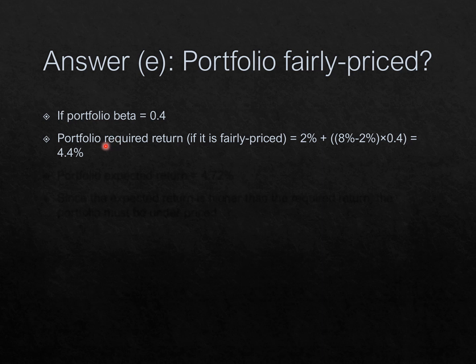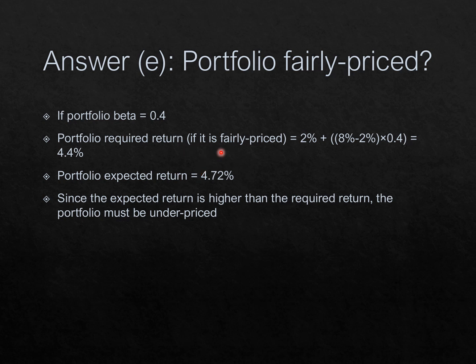Note this: this is the required return based on CAPM. But the expected return is 4.72, which we have calculated earlier. The expected return is 4.72, but the required return based on CAPM is 4.4. Since the expected return is higher than the required return, the portfolio must be underpriced.